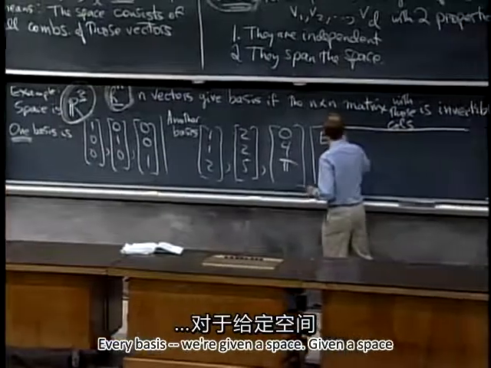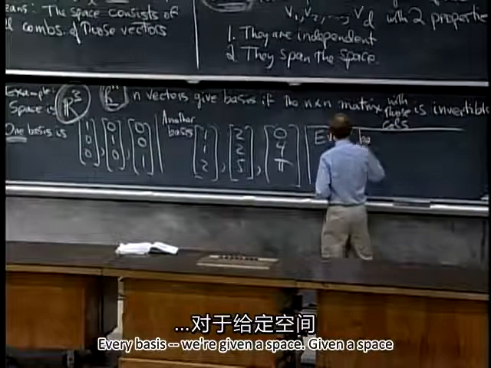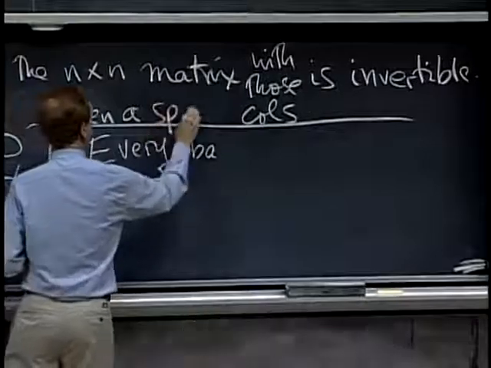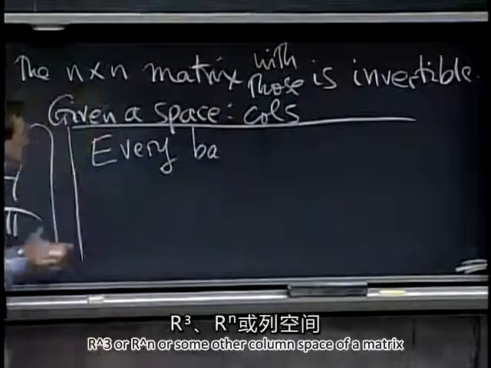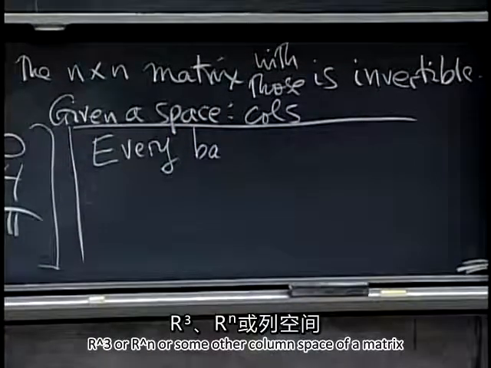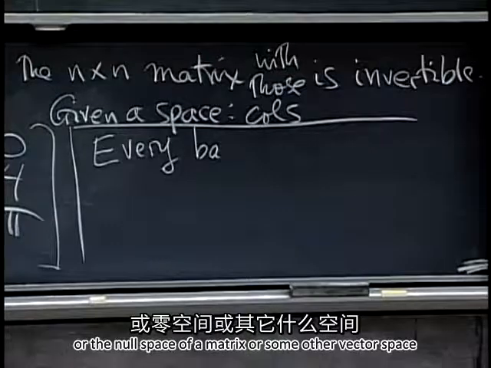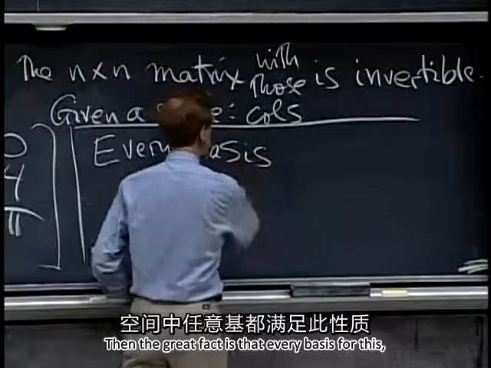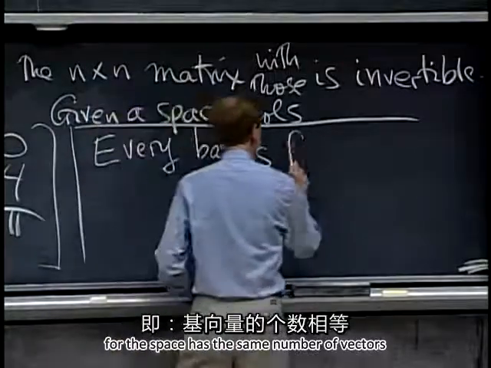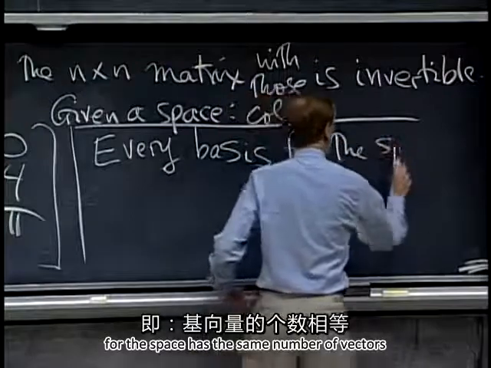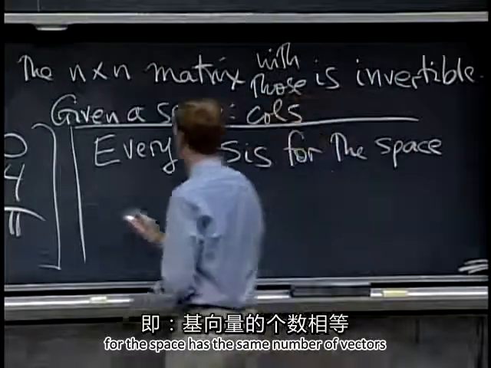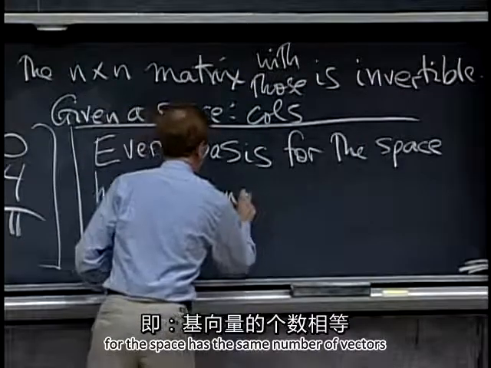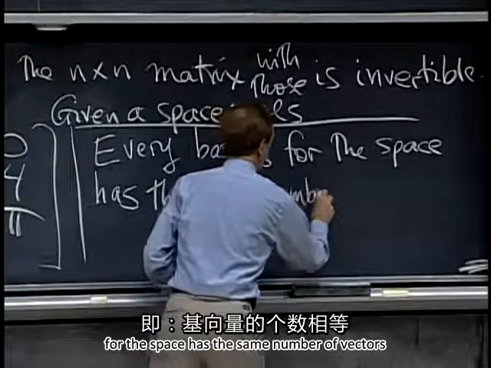Every basis, given a space, R3 or Rn or some other column space of a matrix or the null space of a matrix or some other vector space, the great fact is that every basis for the space has the same number of vectors.